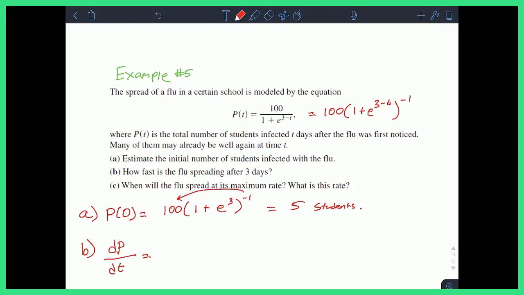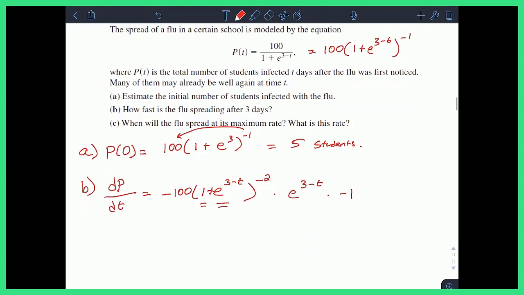The -1 is going to come down, so that's -100 times (1 plus e to the 3 minus t) raised to the power of -2 now because we have to reduce by 1, and we need to multiply by the derivative of the inside. Well, the derivative of the inside is simply the derivative of 1, which is 0, plus the derivative of e to the 3 minus t. Now the derivative of an exponential is the exponential itself multiplied by the derivative of its exponent, which in this case would be a -1.